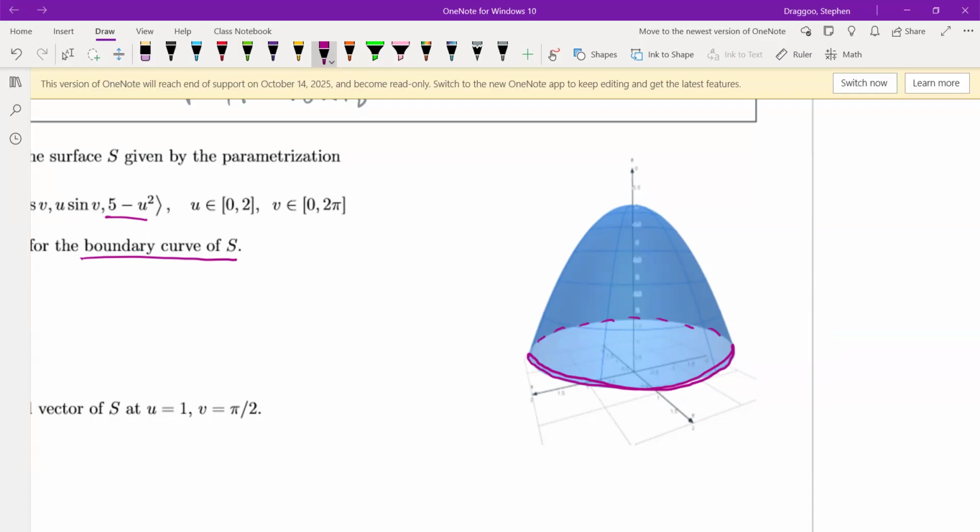And if I'm looking at the shape that's here, maybe I'm going to look up at the top and see that that's at a z value of 5. Right? The vertex of this paraboloid is at 5. And that's going to correspond to a u value of 0.